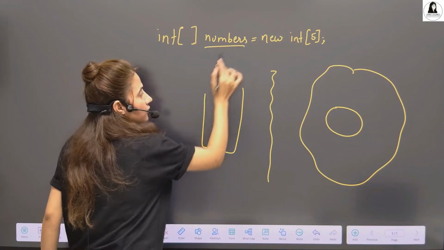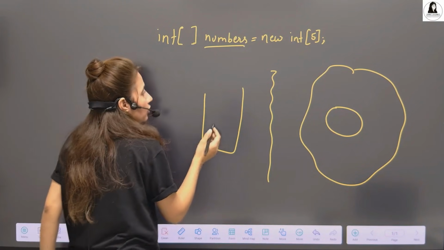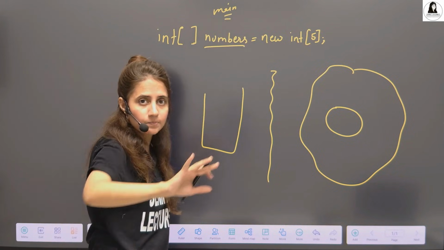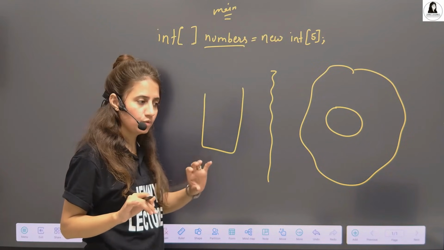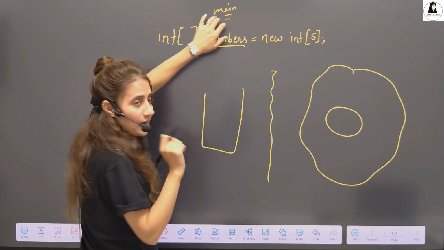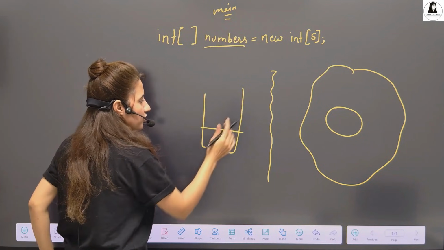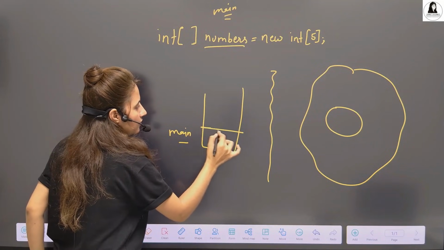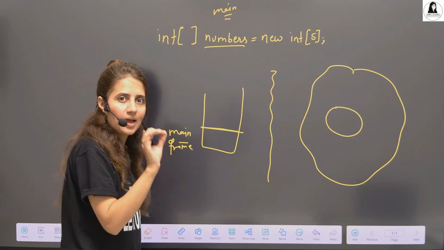And numbers is just the array reference. Arrays are objects. In the stack, obviously this would be in the main method. Stack memory is basically used for method calling and for storing local variables. Whenever any method is called, one stack frame is pushed onto the stack. This is for main, the main stack frame.